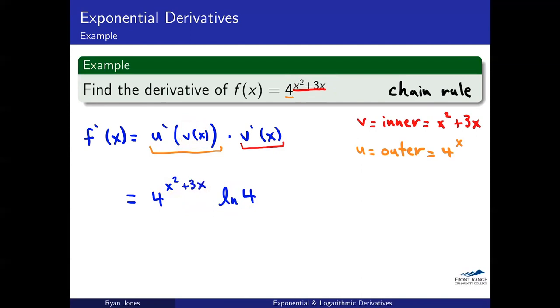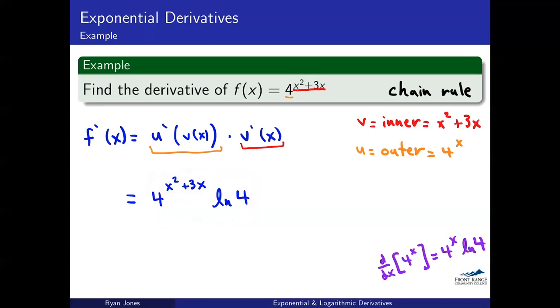So as we can see here, I have that format of, let's go ahead and write this down in the corner, d dx of 4 to the x equals 4 to the x ln 4. That's the rule that we've just learned. But then I'm just making sure that I'm putting x squared plus 3x.